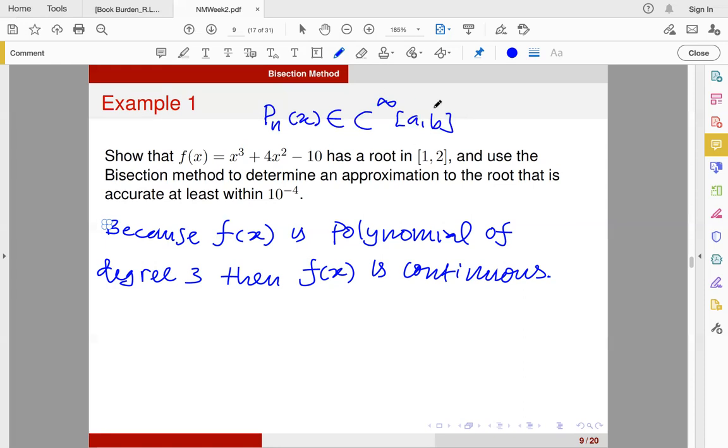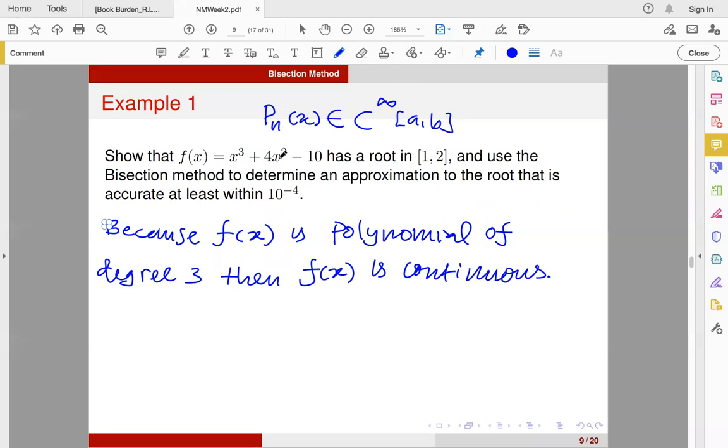If you see this kind of notation in a book, it is a set of functions. Imagine that you have a set, but the members of that set are many functions. Here, C denotes continuity. It means that this polynomial belongs to the continuous functions that have infinitely many times differentiability. That is nice. It's a really nice function.